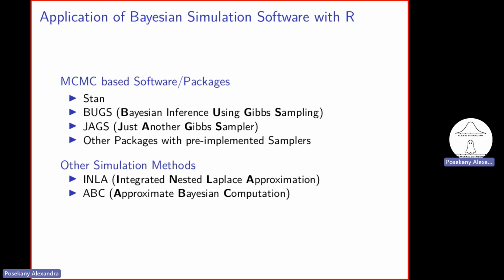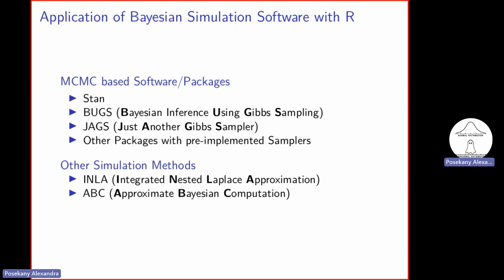But it's still working with these full conditionals and therefore still within this Markov chain Monte Carlo framework. Then there's BUGS and JAGS, which already contain Gibbs sampler within their name and therefore tell you very clearly what they are originally intended for.